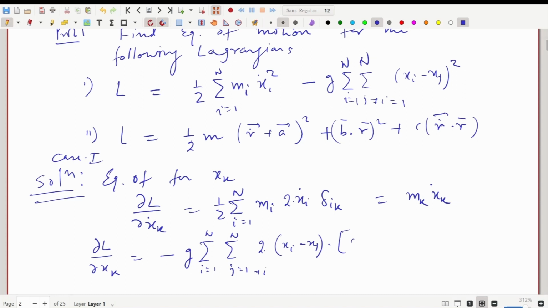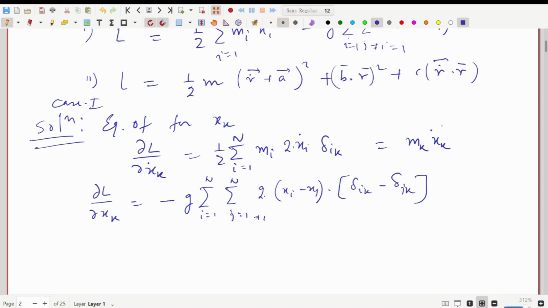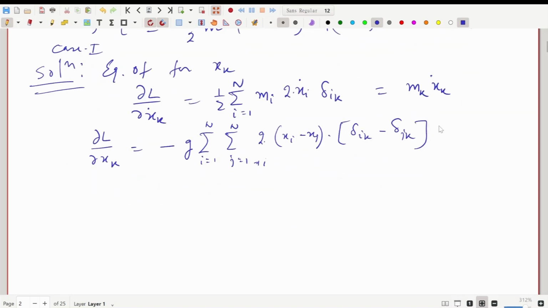If I differentiate, it will be delta_ik minus delta_jk. Okay. And now there is a delta function and two summations. So, one summation can be removed, so let us simplify term-wise. First term, minus g, and I remove the i summation by using delta_ik. So, i will be replaced by k.